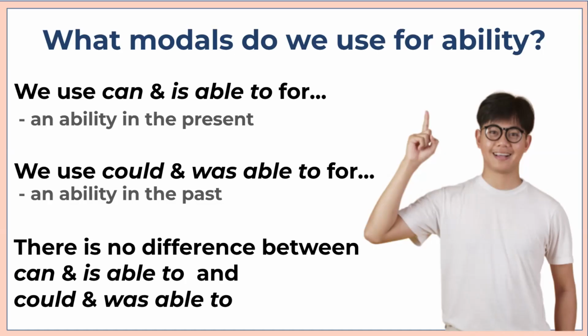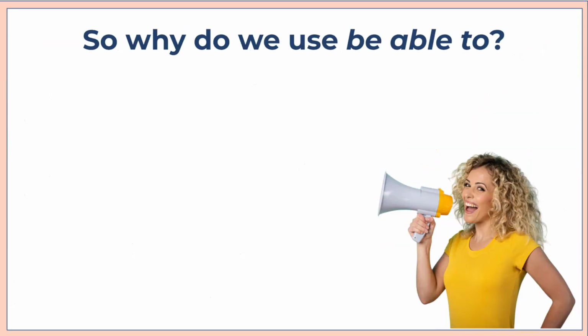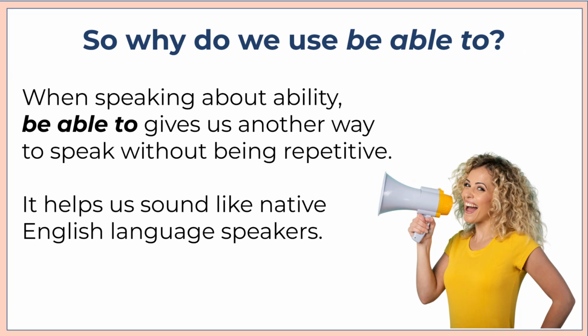Now, there is no difference between using can and is, am, are able to, and there's no difference between using could or was and were able to. So you might be asking, why do we even use be able to?